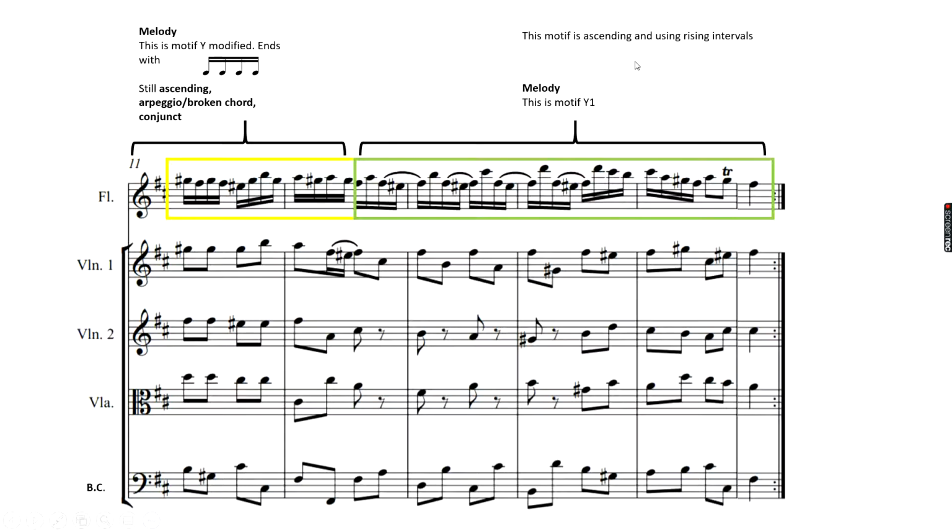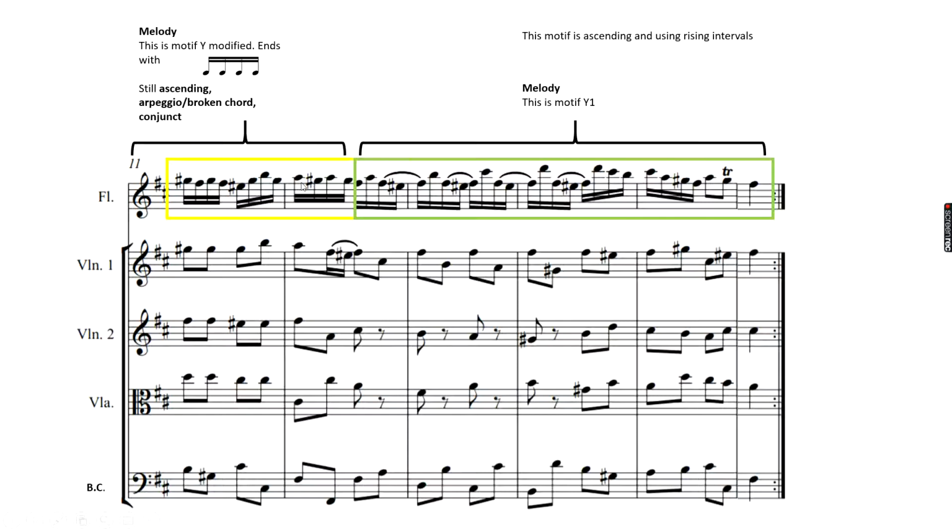So an interval is the distance between 2 notes. I just want you to look here at the first 2 notes in every group of semiquavers. So we have F and A. Here we have F and B. Then F and C. F and D. It's getting higher in pitch.